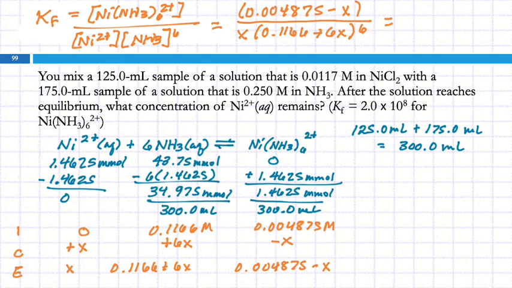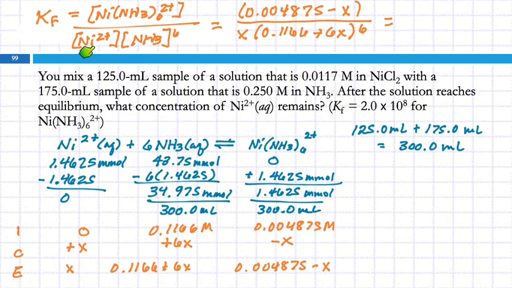Since if we're going backwards, wouldn't it be the inverse of KF? That's a great question. I'm talking about the equation going backwards, and wouldn't we have to invert KF, right? We would if we were writing the equation backwards. But I'm not writing the equation backwards.